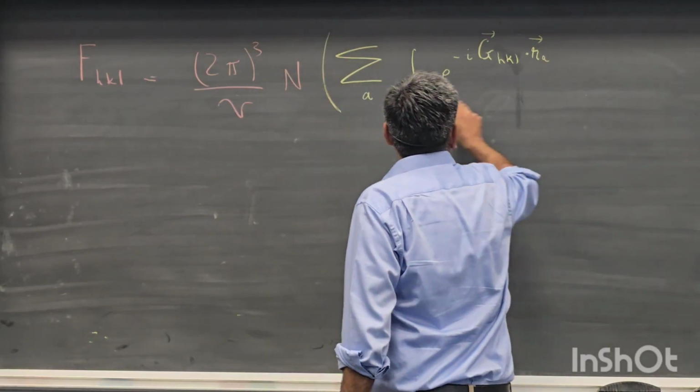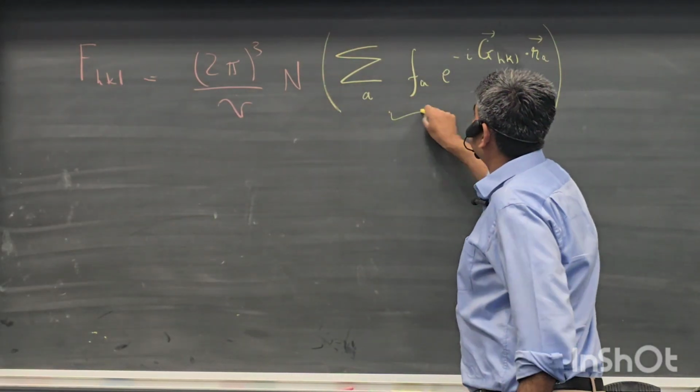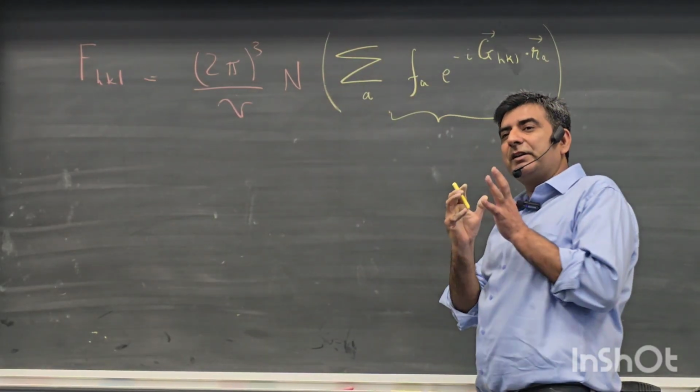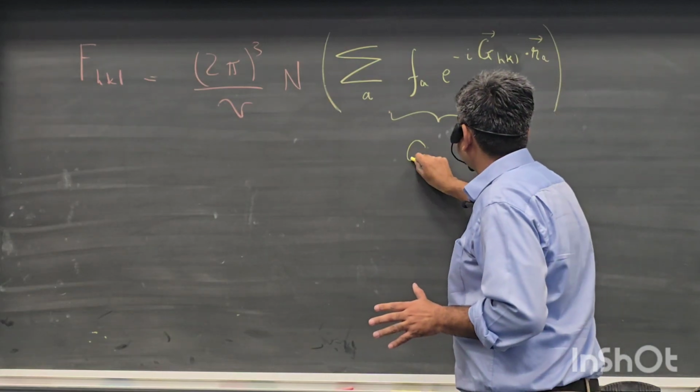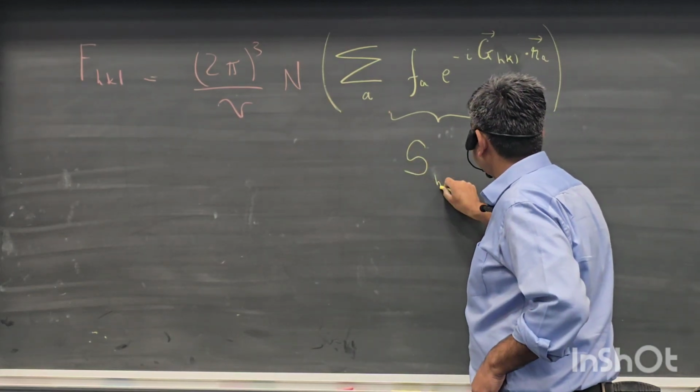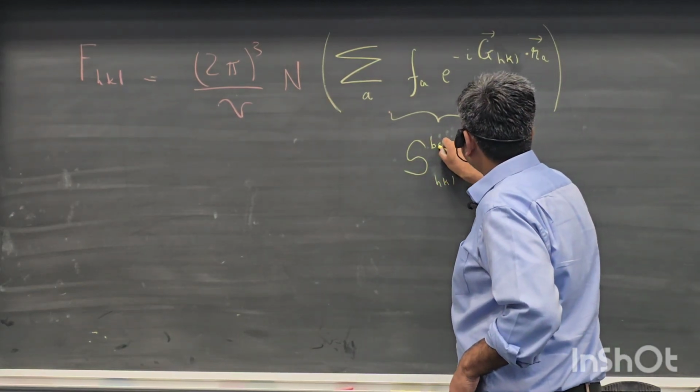So this is for all the atoms inside the basis. This is one kind of structure factor. This is the structure factor, let's call it S_HKL, due to the basis.